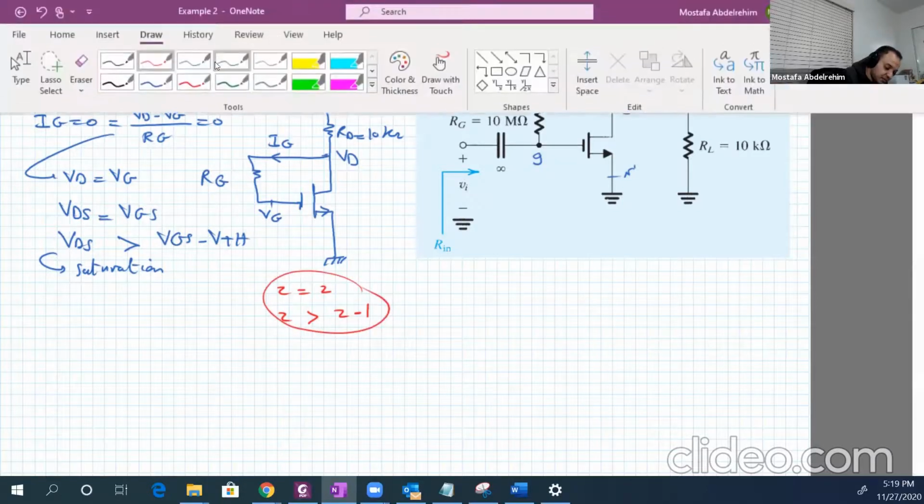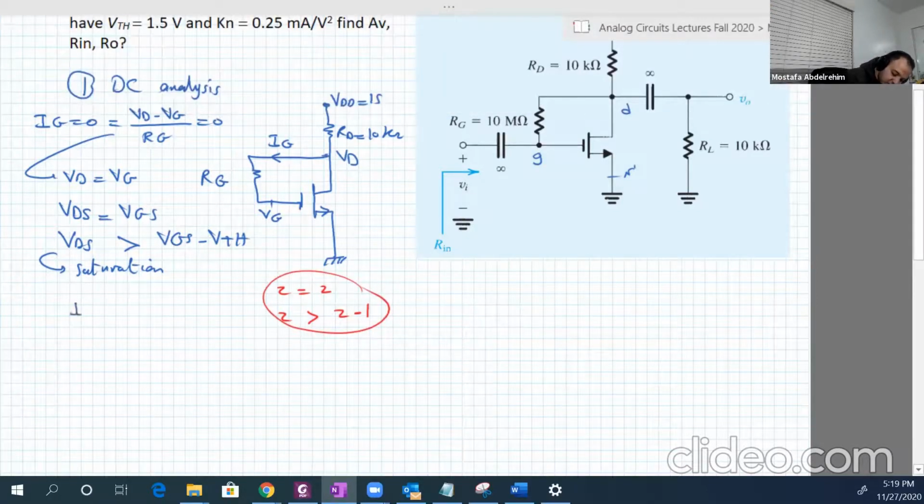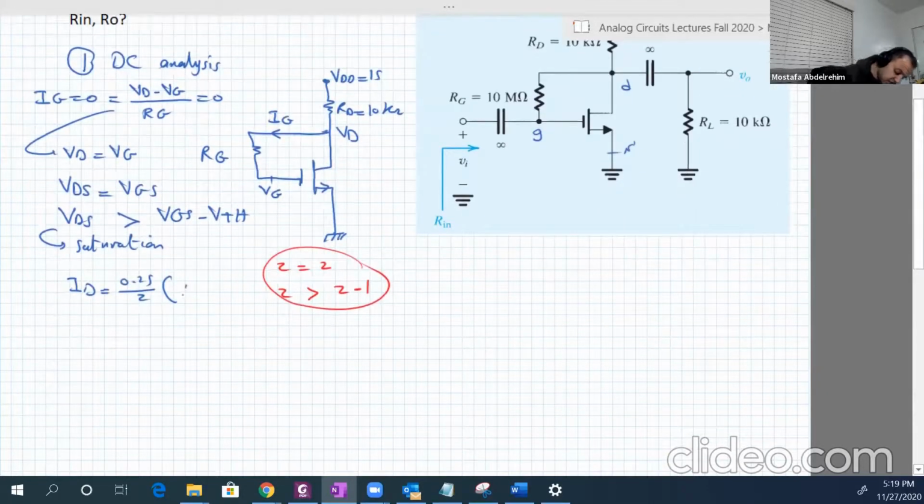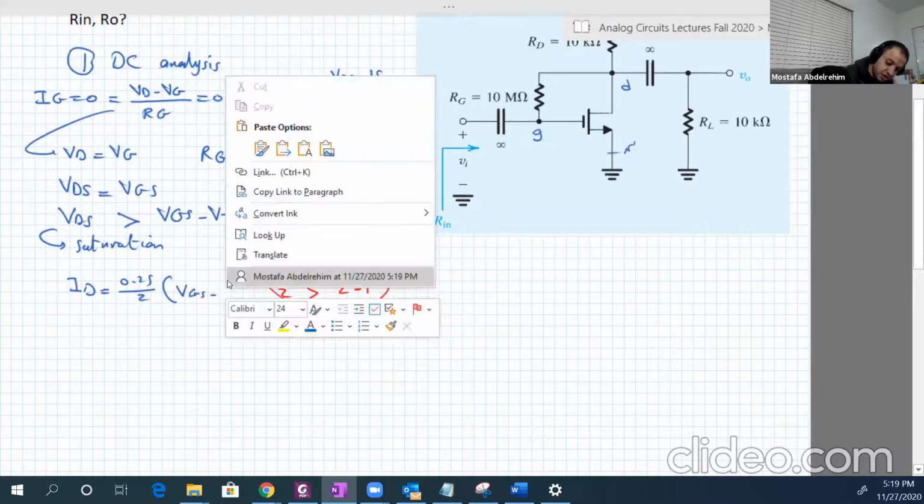What is ID? Let's calculate it. ID is equal to Kn over 2, VGS minus V threshold, squared. VGS is how much? I think it's not known. Yeah, it's not known. We're going to deduce it.